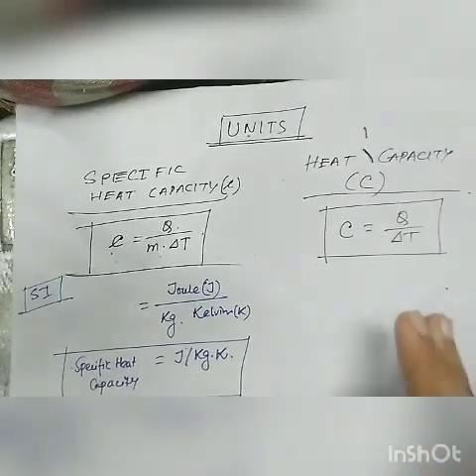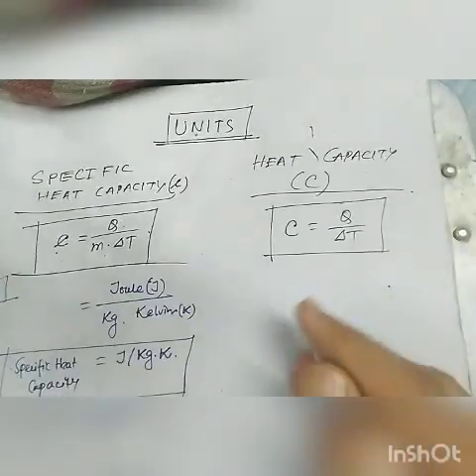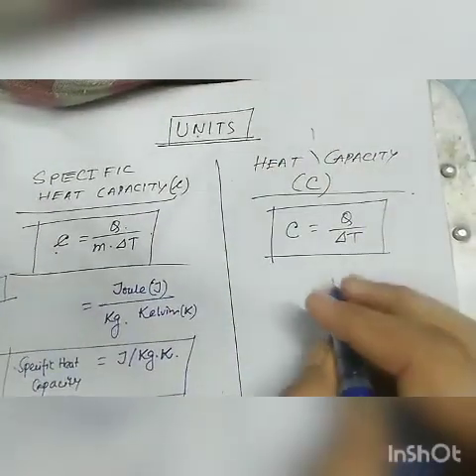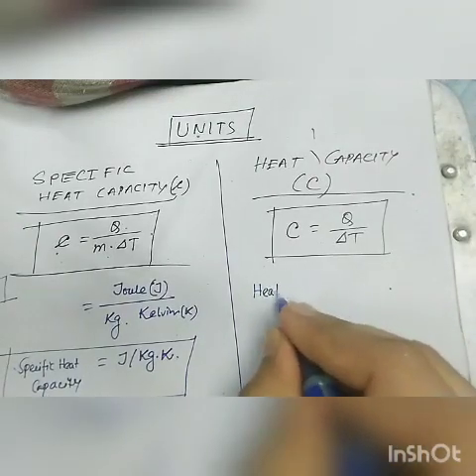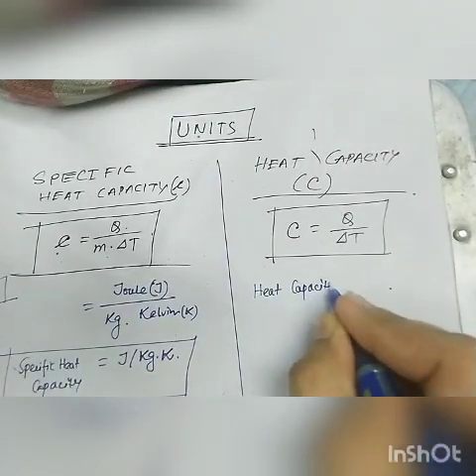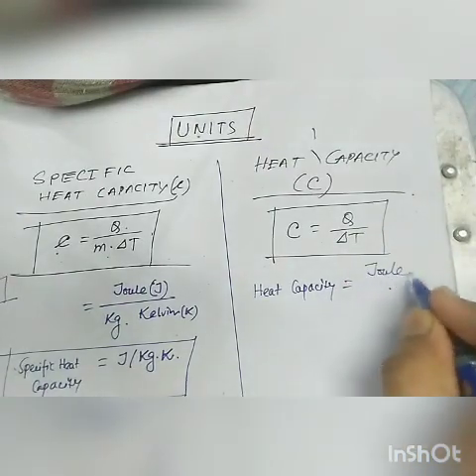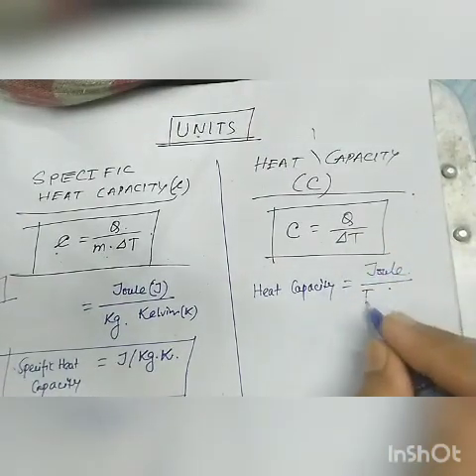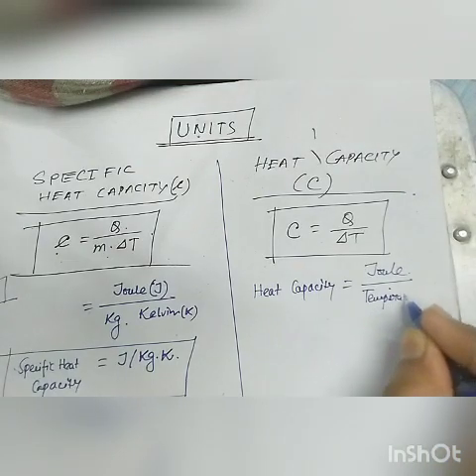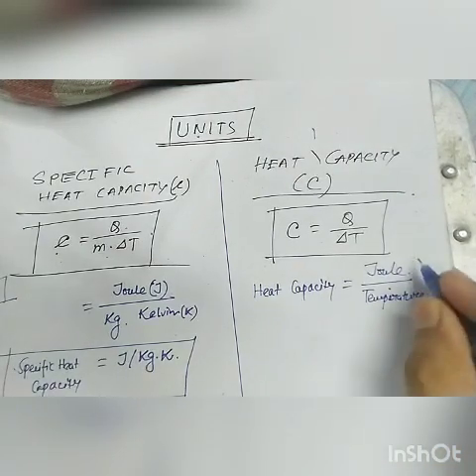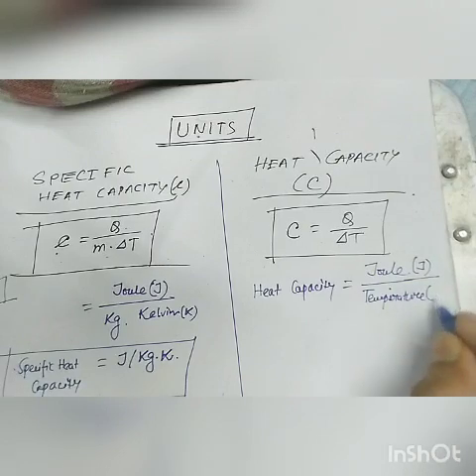Clear? Here the things are a little different, not much. Heat capacity is basically Q by delta T. Q is heat, so joule, and delta T stands for temperature here. So joule, short form J, and temperature in Kelvin.